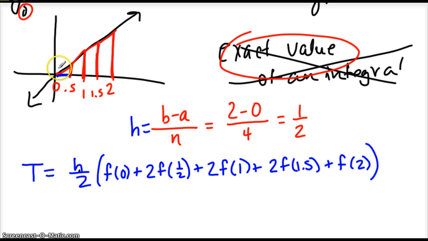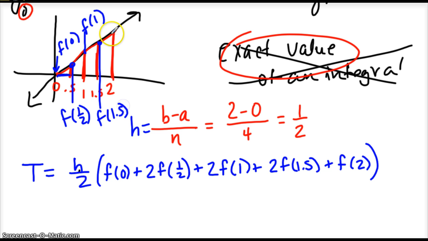So f of 0 is this height. This is f of 1/2. This is f of 1. This is f of 1.5. And then this is f of 2. So notice f of 0 and f of 2 are only used once, and then these bases happen twice.